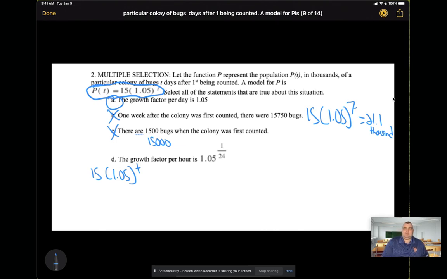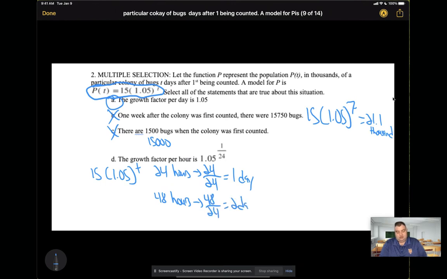If I'm going from hours to days, the answer is I divide by 24, because 24 hours is the same as 24 divided by 24, which is 1 day, right? 48 hours is the same as 48 divided by 24, which is 2 days. So I have to take the number of hours and divide it by 24.